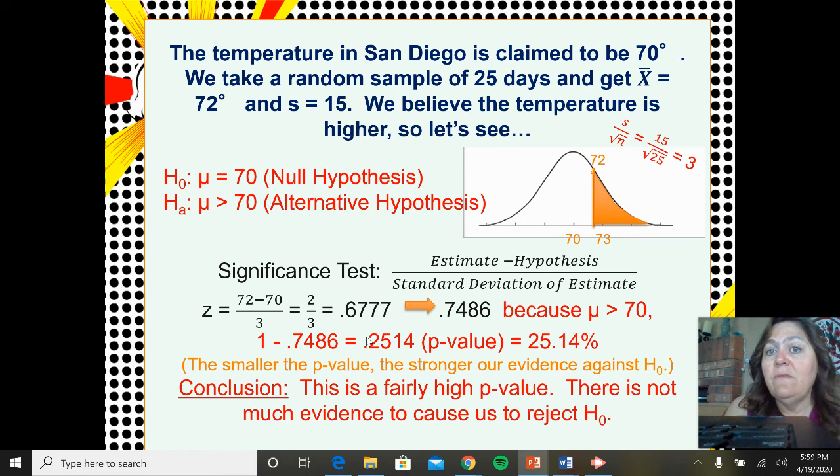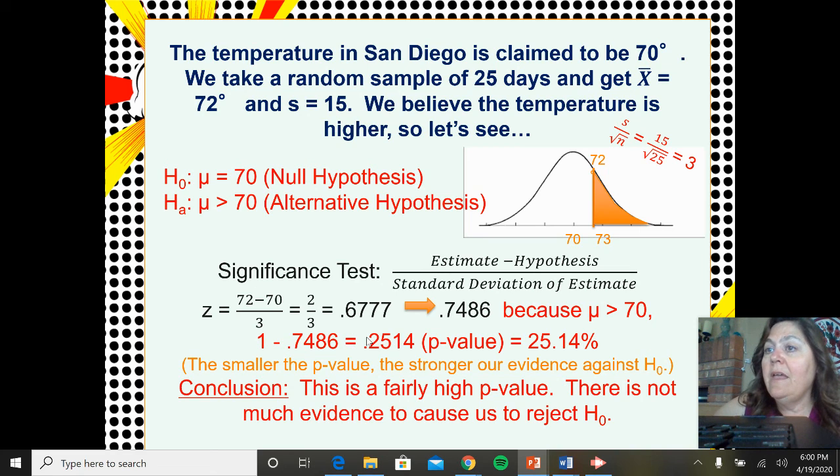Therefore, we are going to fail to reject the H0. Now, if it was small, we would have said we do have statistically significant evidence to reject H0 and accept HA as likely.